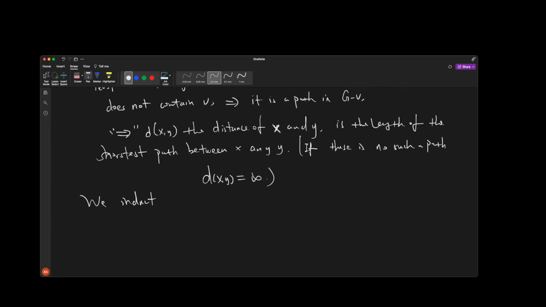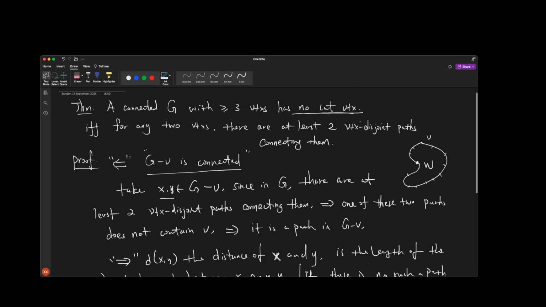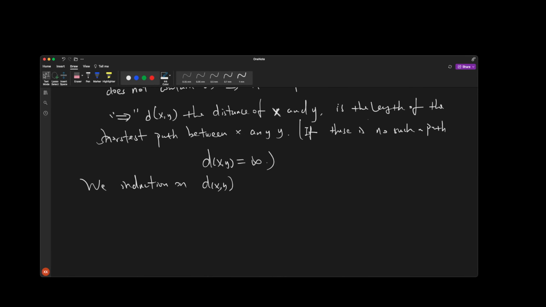We make induction on the distance of x and y, because we want to prove that any two vertices satisfy some property. It's a little surprising, but the proof is very interesting.